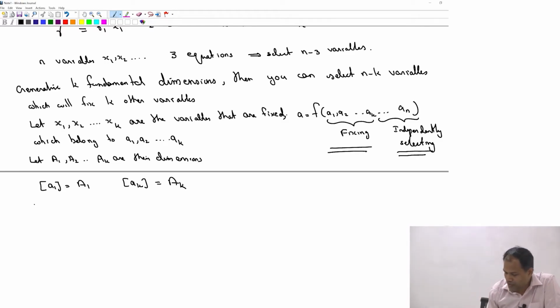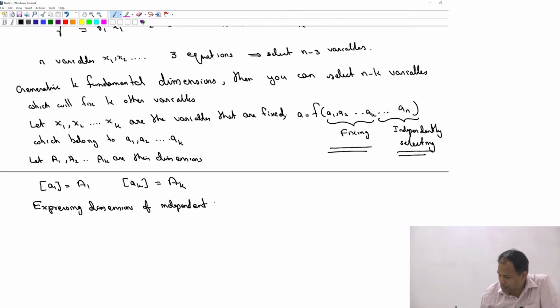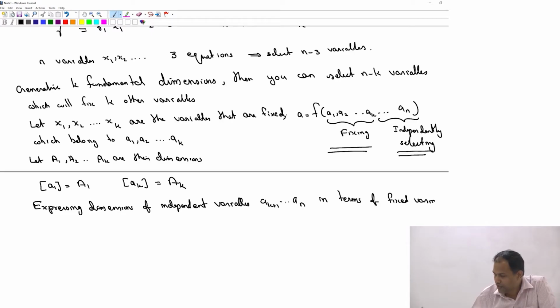What am I trying to do? I am expressing dimensions of independent variables ak plus 1 etc. up to an in terms of fixed variables a1 etc. up to ak.